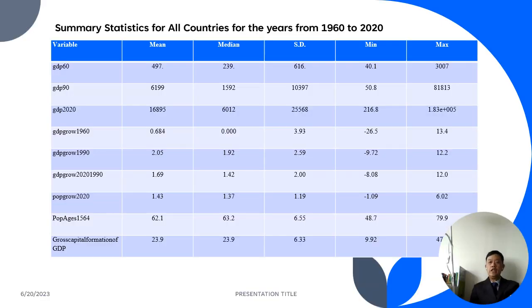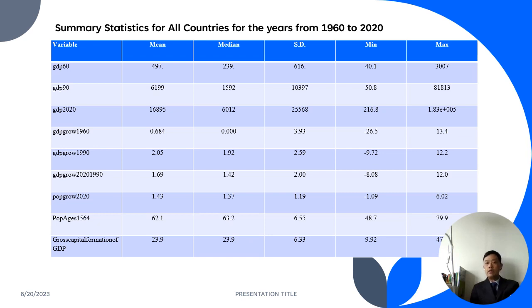As you can see, the mean GDP in 2020 was 16,895, but the median was only 6,012, indicating a skewed distribution with some outliers. Similarly, the mean inflation rate from 1990 to 2020 was 23.4, but the standard deviation was 102, suggesting a high degree of volatility and instability.